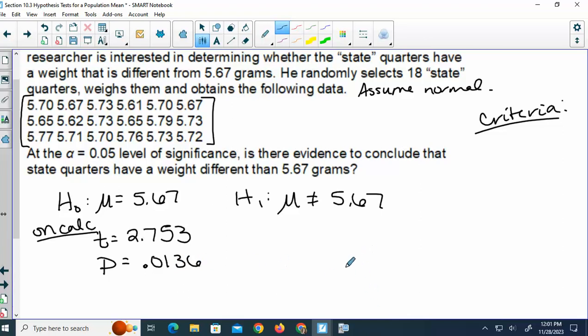All right, so what does that mean? Reject or fail to reject? Reject. Right. Why? Because it's smaller than alpha. Since P is less than alpha, we reject the null hypothesis. There is evidence to conclude that the state quarters have a different mean.